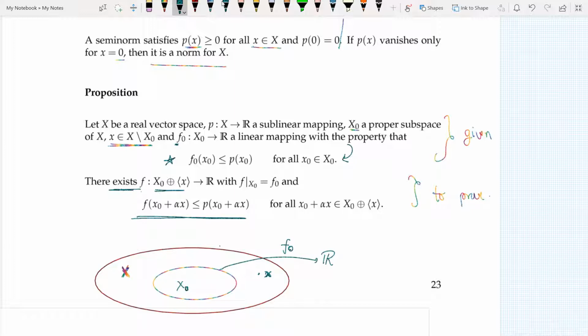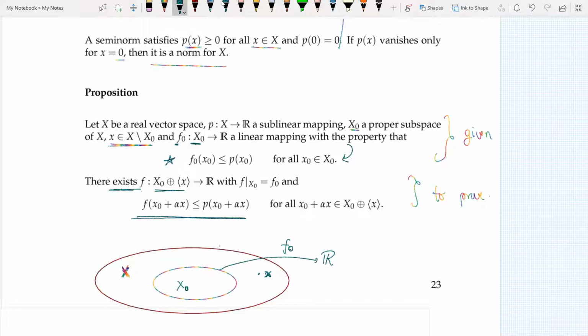I take an element from here and I do a direct sum with the span of x. And now I'm saying that I'm extending the definition of my functional, which was earlier defined only on X naught, to a space X naught direct sum span of x. So it's like the first thing we do on our way to prove Hahn-Banach.